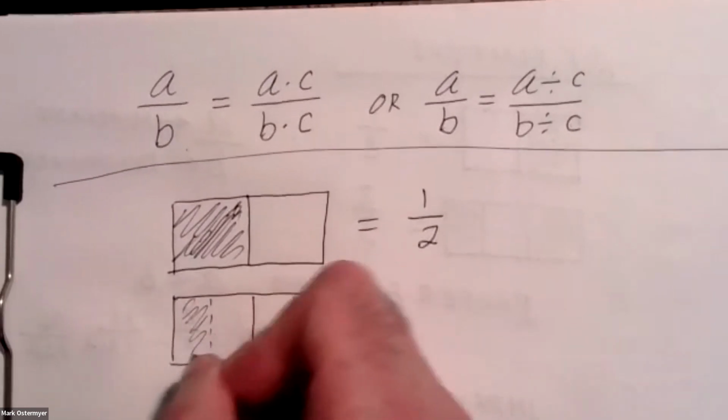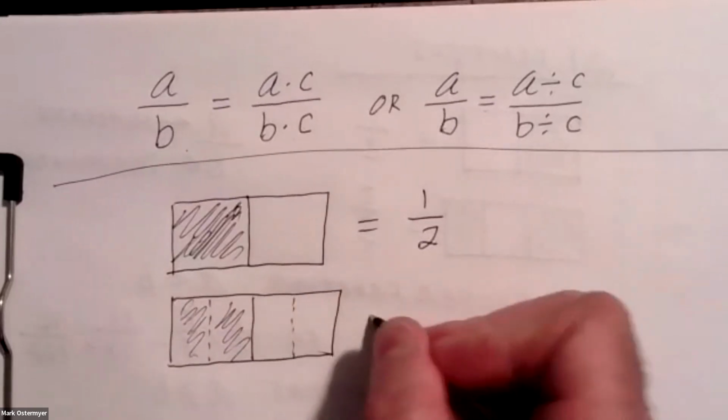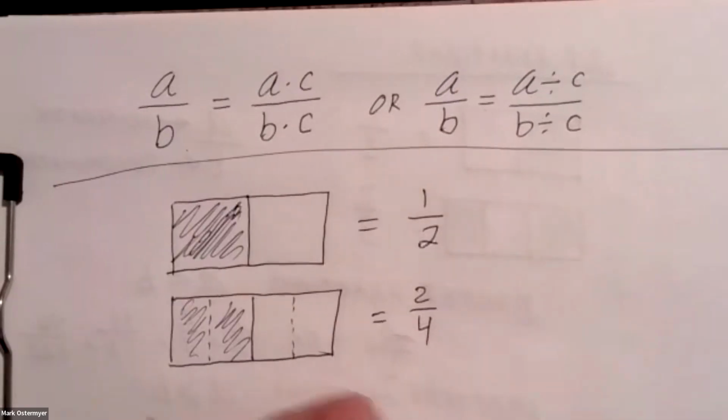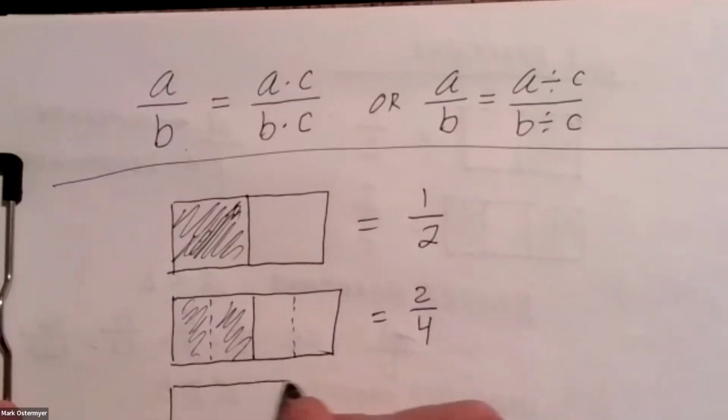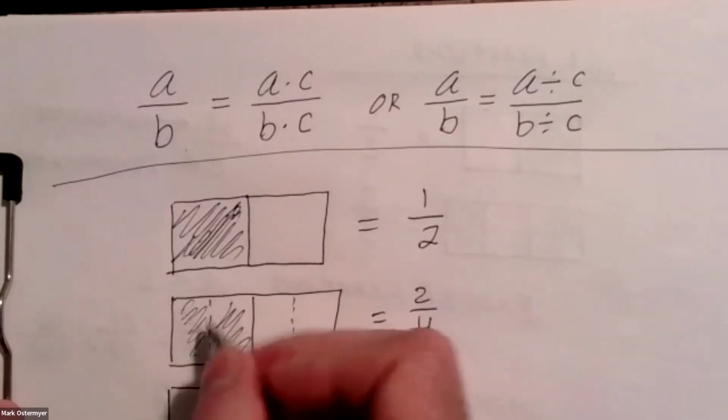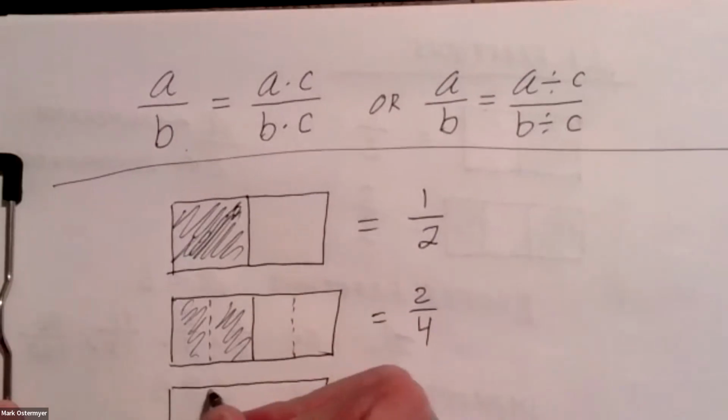Now what fraction of the diagram is shaded? 2/4. So 2/4 should be equivalent to what? 1/2. Do you agree? And I could go further here. I could keep going to the end of time here. I could divide each of these partitions up in half further.